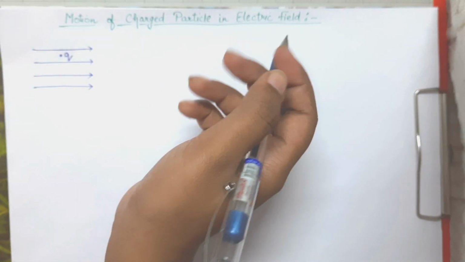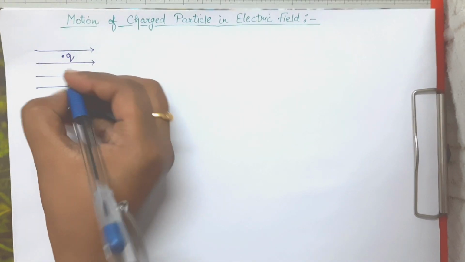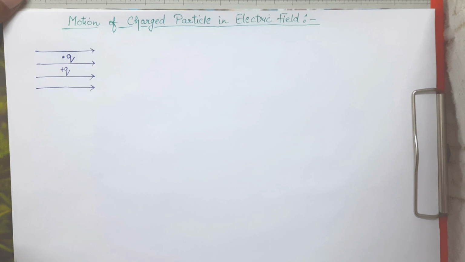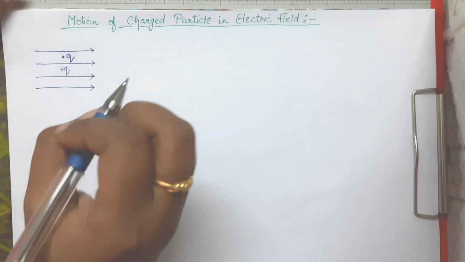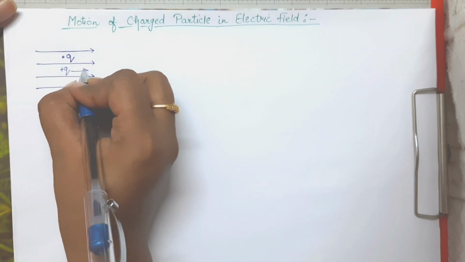in a gravity free space. First of all, what we have to understand is that if this charged particle is a positive charged particle, then it will feel some force on itself in this particular direction.